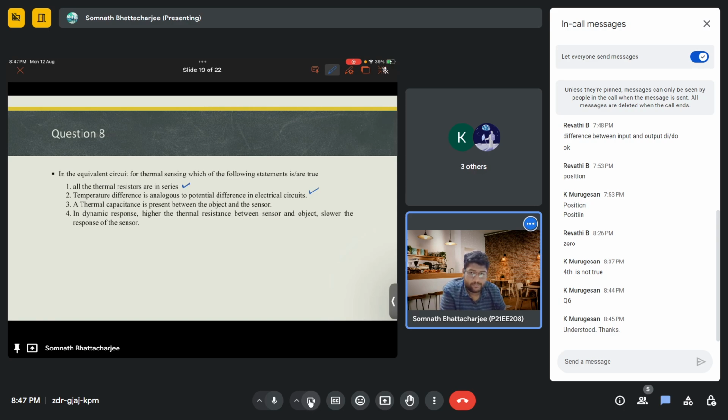A thermal capacitance is present between object and sensor. Is it true? If there is a sensor and there is a capacitance between this, what will happen?